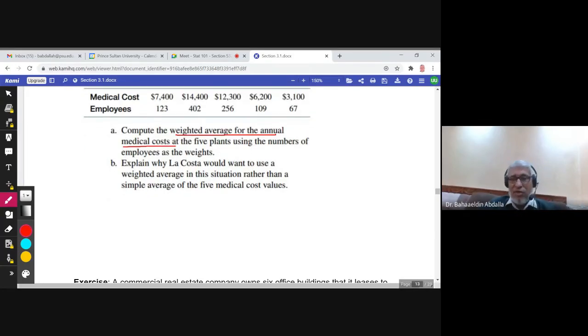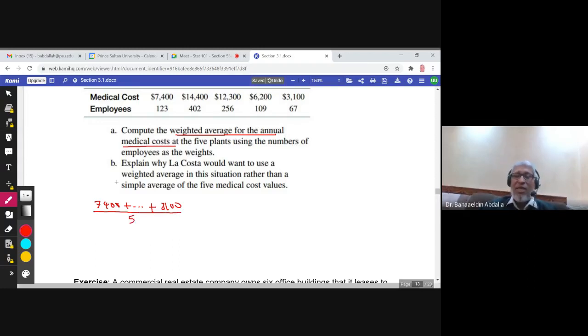You can ask yourselves, forget about the word weighted. Find the average medical cost. If I ask you a simple question, what is the average medical cost? Okay, unweighted average. You will do what? You will add 7,400 plus 3,100, and you will divide by the 5, which is the number of plants.